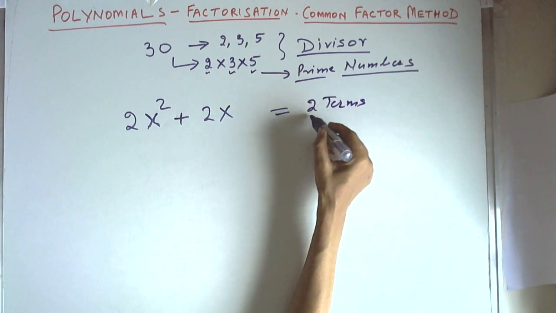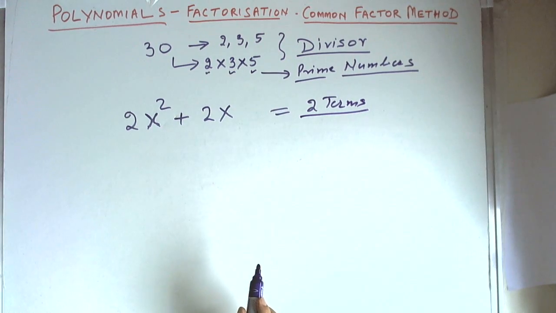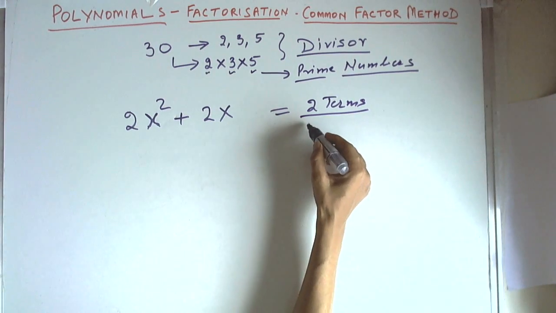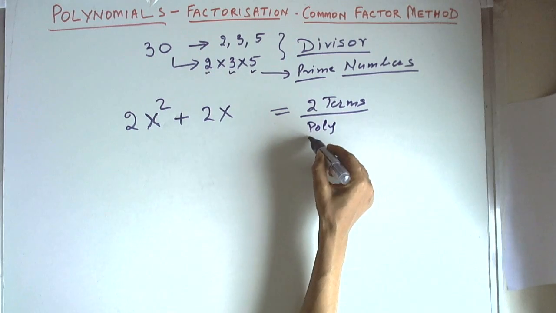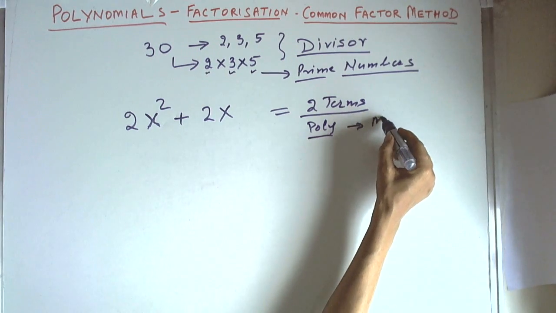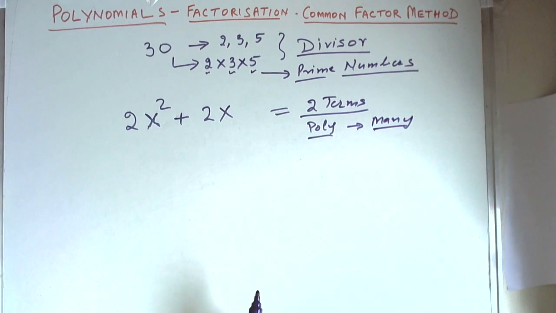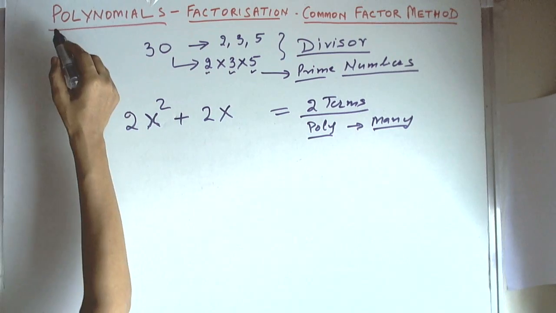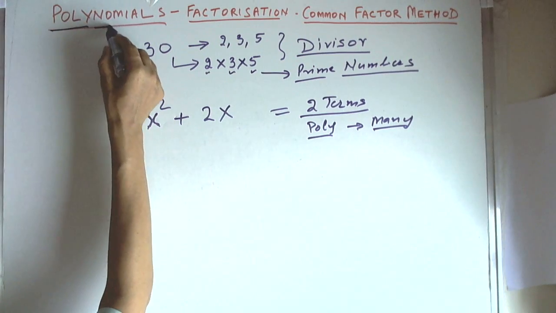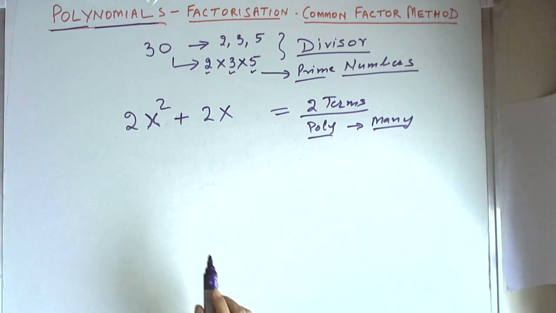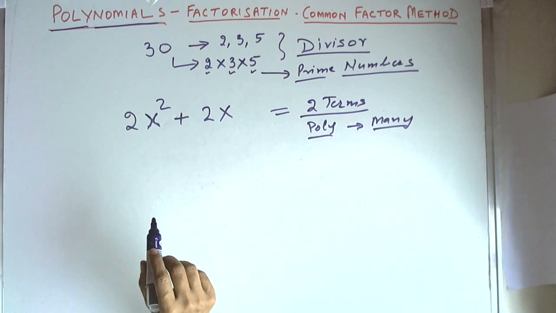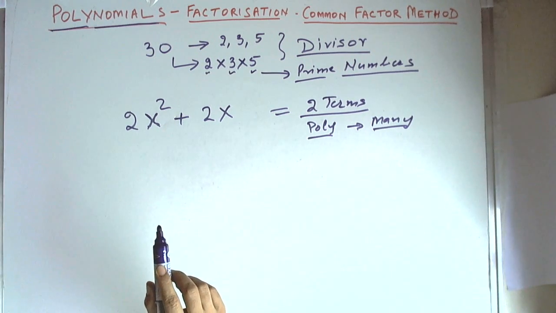You know what the word poly means? Poly means many. A polynomial is something which has many terms, and that is why the word polynomial. And 2 terms is called a binomial. So this is actually a binomial.